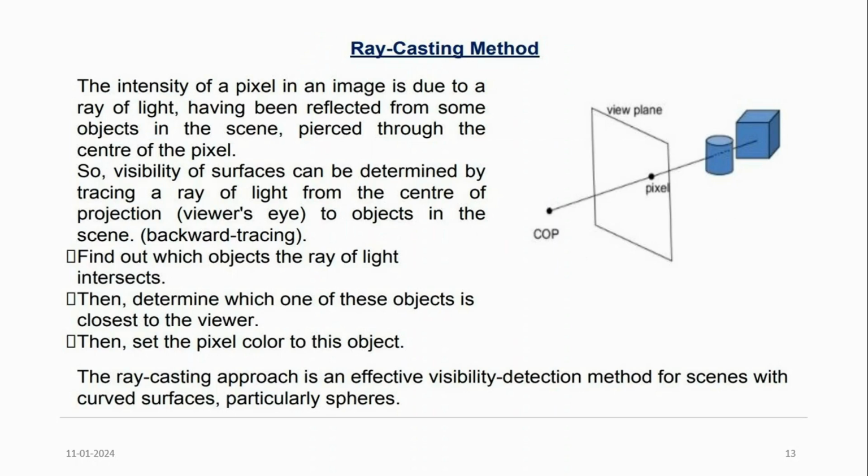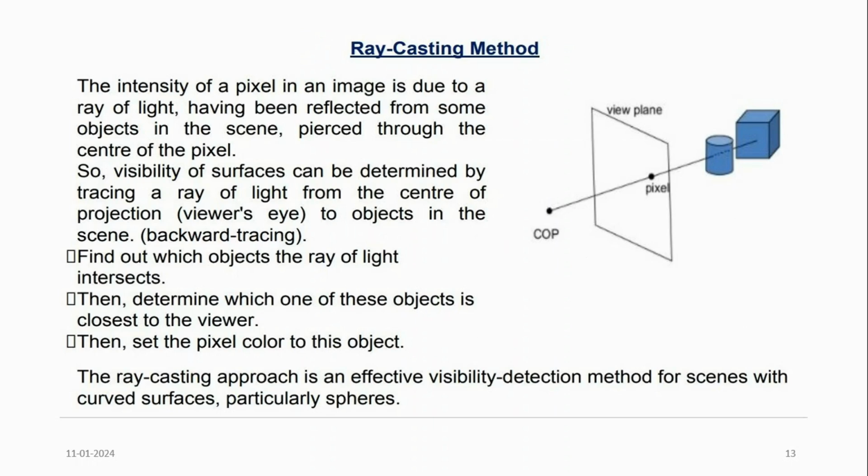If it intersects, we have to find the nearest intersection point, and display the color of the nearest visible surface. That is step number 5. This process is repeated for every pixel in the image. So the result is an accurate visibility result.